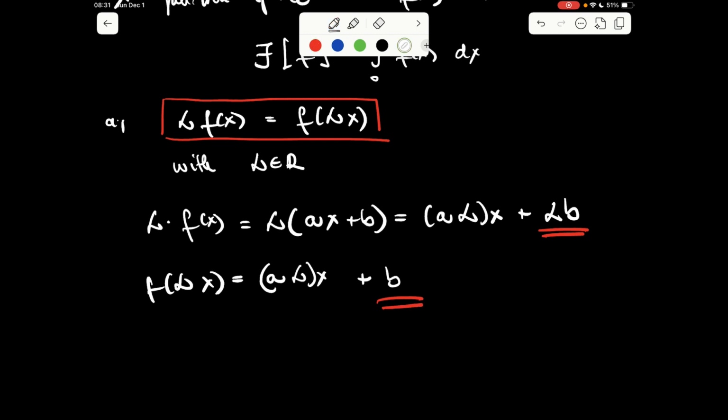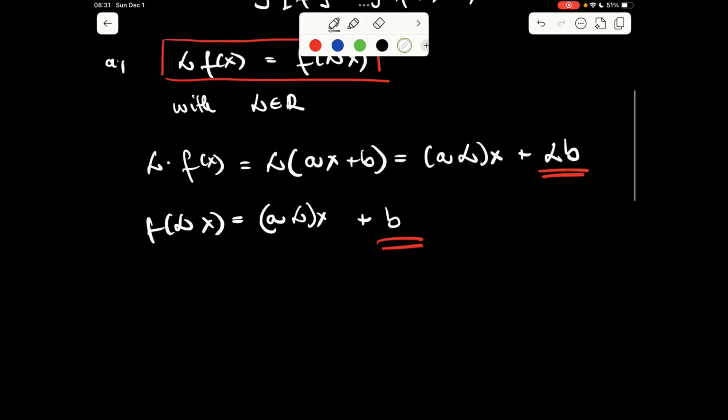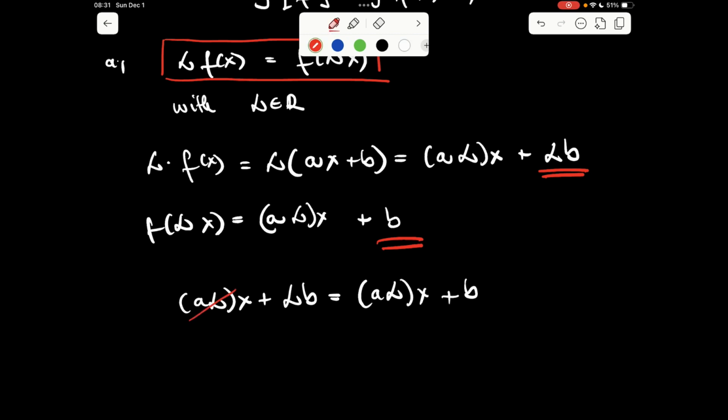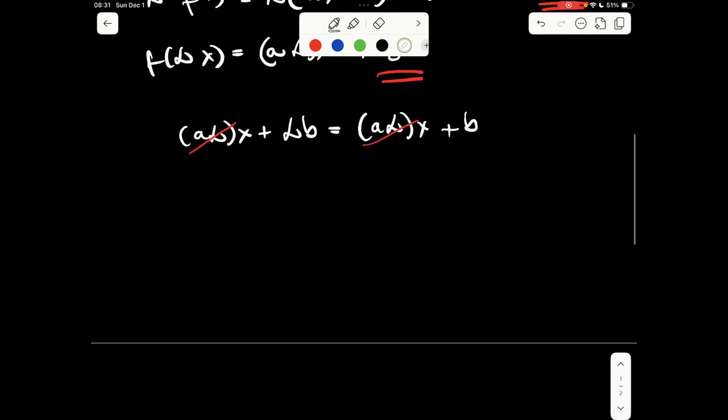We can still have the equality. So we can say that the first form is equal to the second. Okay, these terms, we can drop these terms. So the equality still holds if this equality holds. So we have two options.